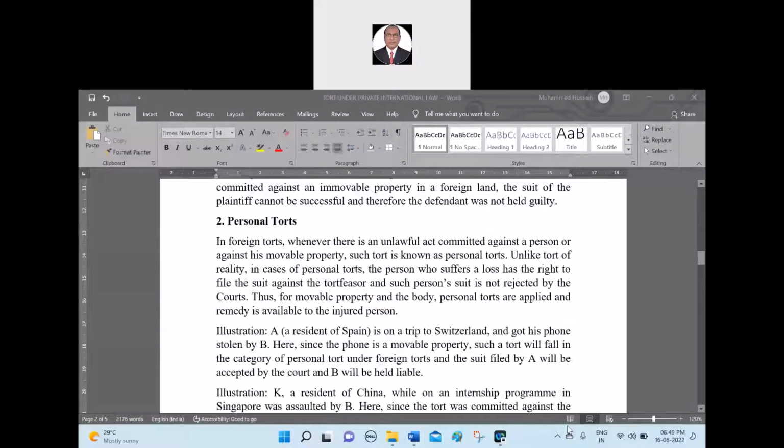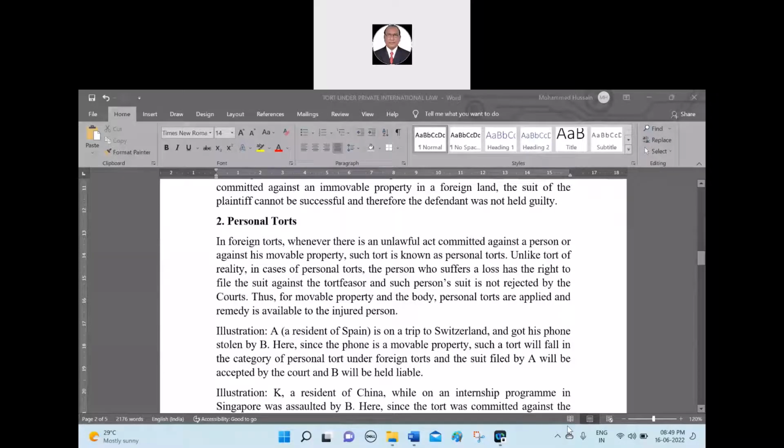So the illustration is, A, a resident of Spain on a trip to Switzerland, got his phone stolen by B here in Switzerland. Since the phone is mobile property, such a tort will fall in the category of the personal tort under the foreign torts, and the suit filed by A will be accepted by the court and B will be held liable.